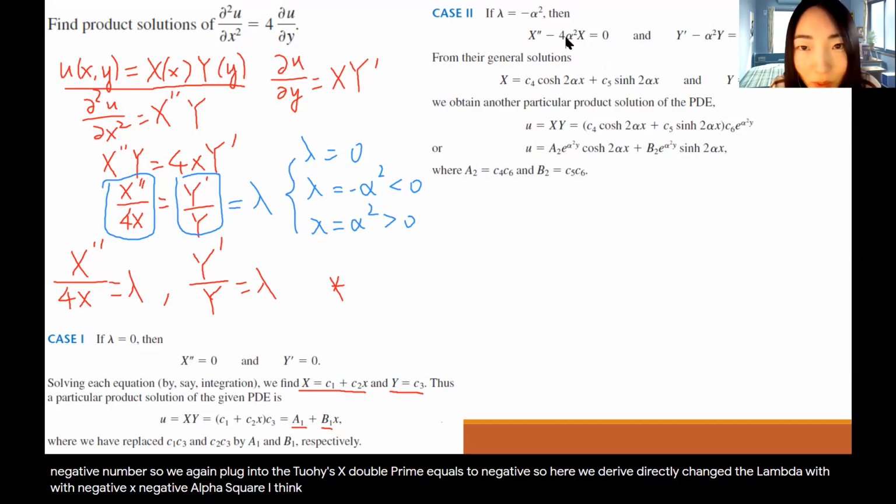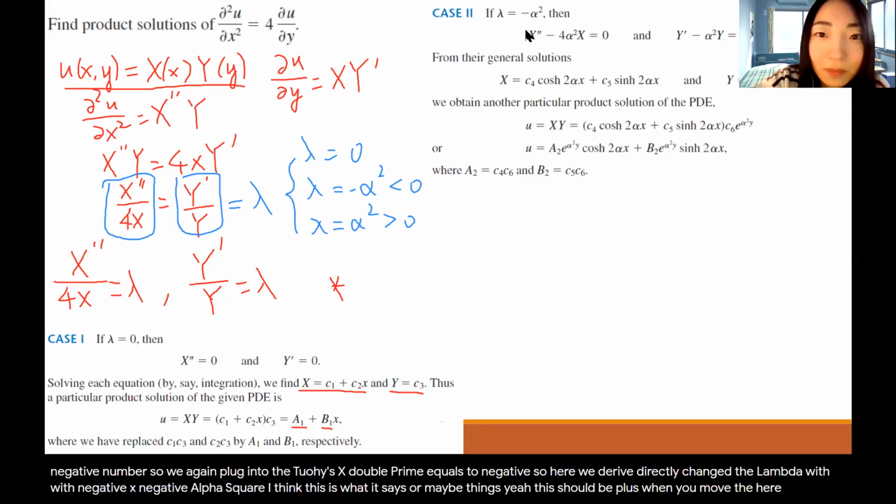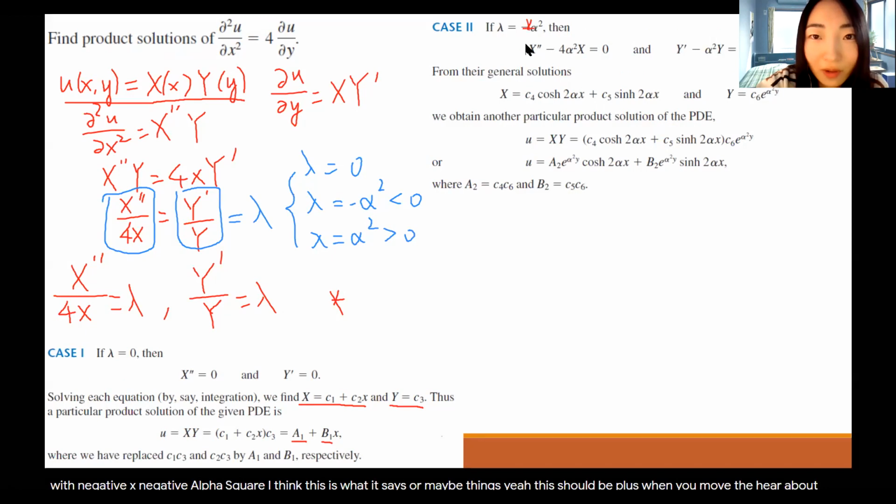I think there is a typo here. We can just assume that lambda is positive alpha square in this case.